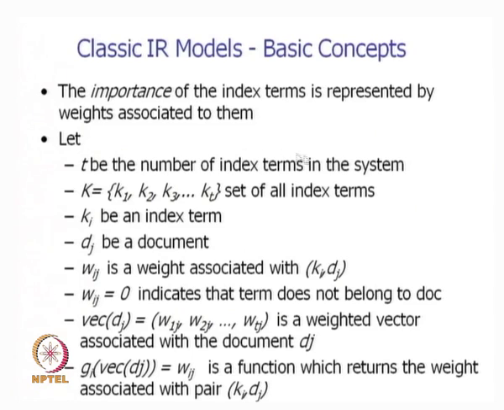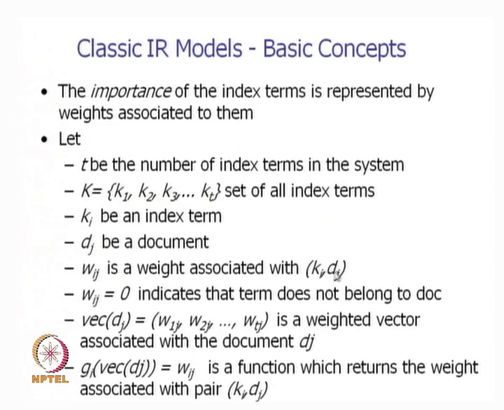Suppose there are D documents in the corpus, we collect all the important terms in these D documents, and suppose that those number of terms be T, then K, the set of index terms K1, K2, K3 up to Kt, is providing the index terms. Ki is a particular index term, Dj is a particular document, Wij is a weight associated with Ki and Dj.